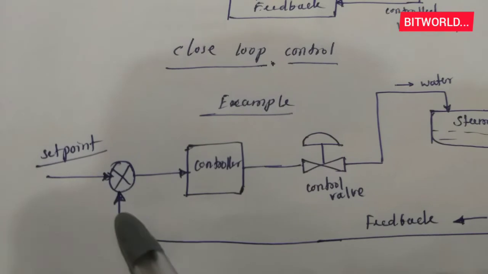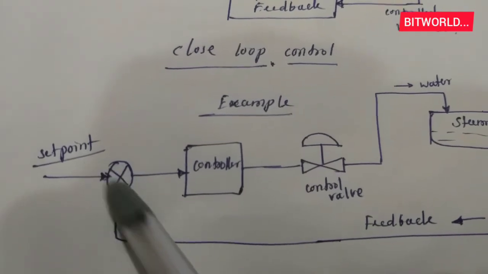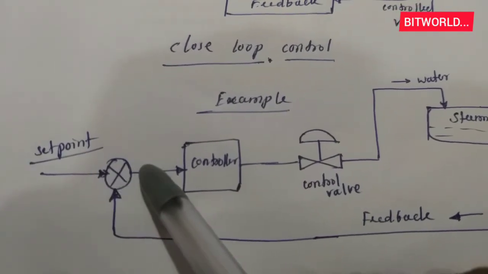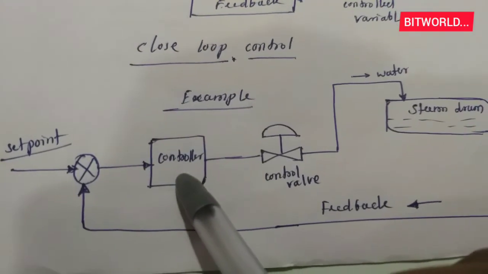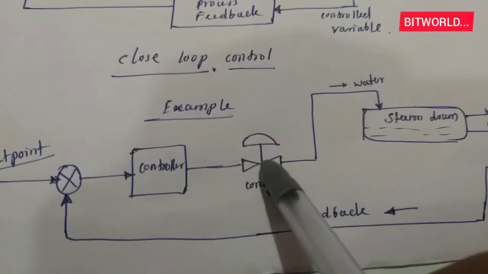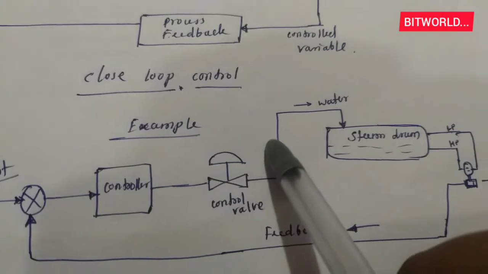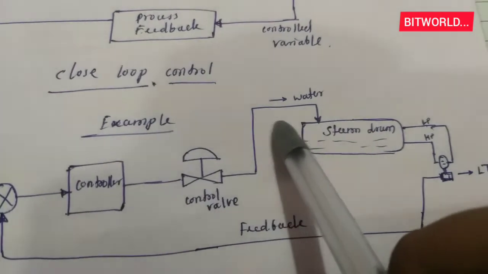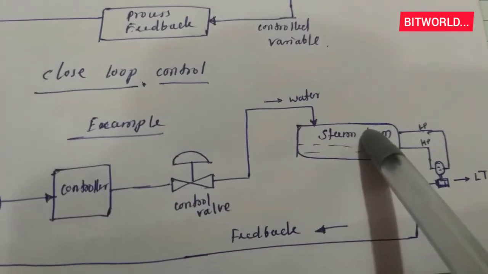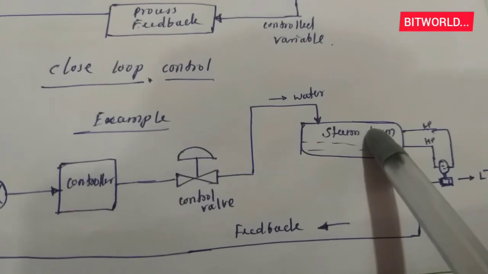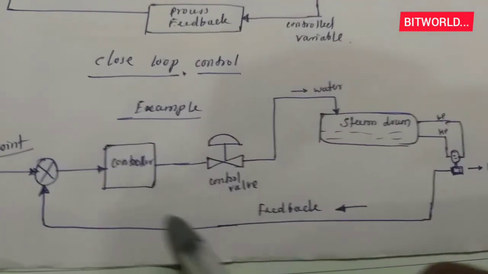Input is 50, but feedback will be 40%. We got a 10% error. The controller will then give the command to the control valve for valve open condition, because the drum level is less than the set point. It's the closed loop controlling system.